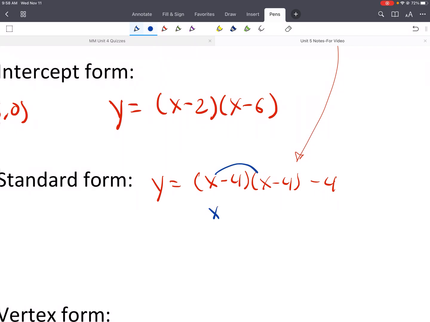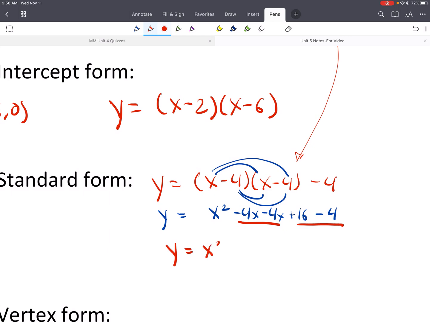We'd get x squared minus 4x minus 4x and plus 16 minus 4. And then we would combine like terms. So these are like terms, these are like terms. Y is equal to x squared minus 8x plus 12.